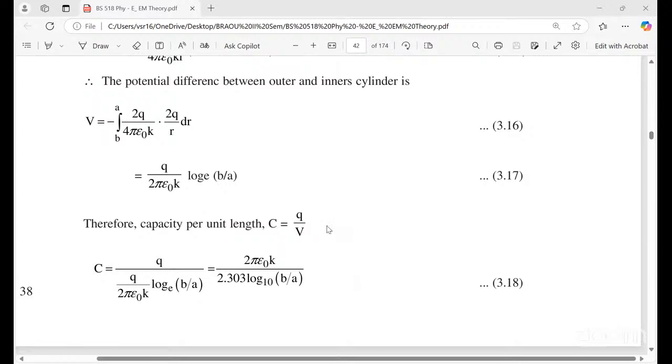So what is the basic formula? Capacitance equation Q by V. You know the V value, substitute here. Q by Q by 2 pi epsilon naught K log base e b by a. By cancelling and simplifying this equation, 2 pi epsilon naught K by 2.303 into log base 10 b by a.